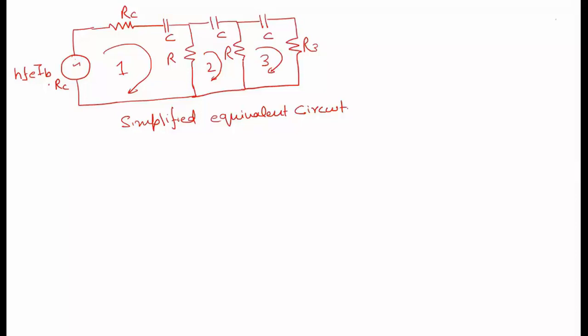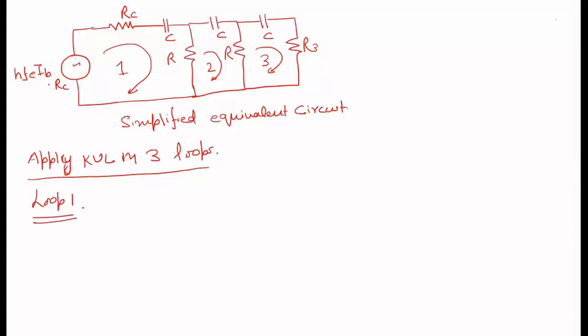So solving each loop, we apply KVL in all three loops. First of all, for loop 1, there are two resistors in series, and we assume the current in this loop is I1, in this loop the current is I2, and in the third loop the current is I3.